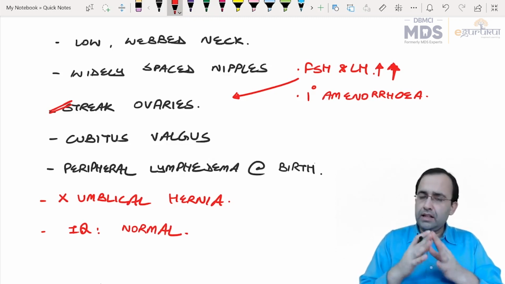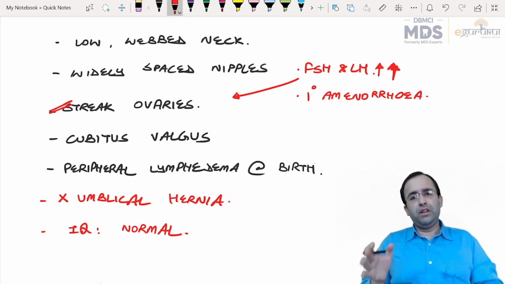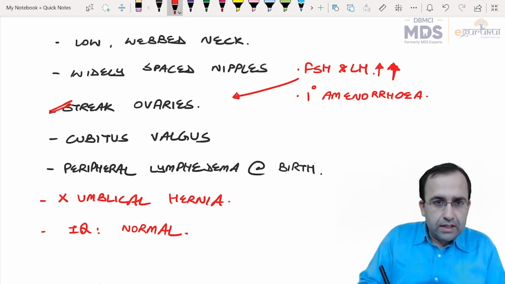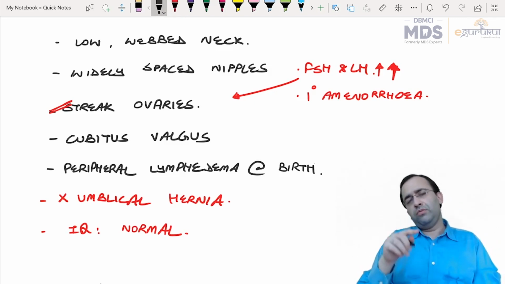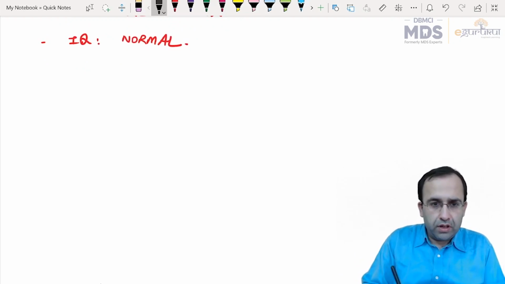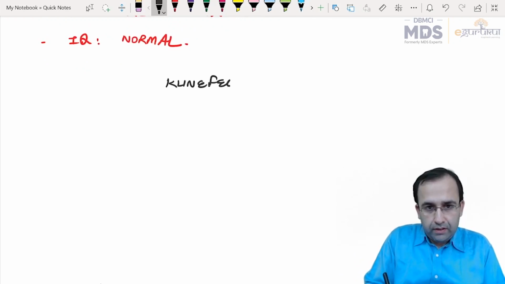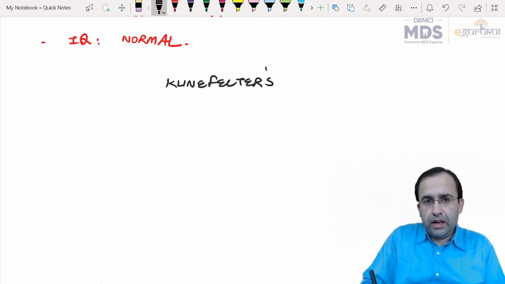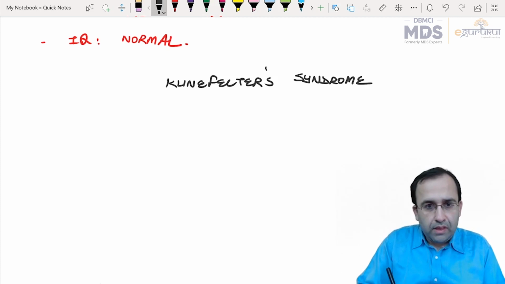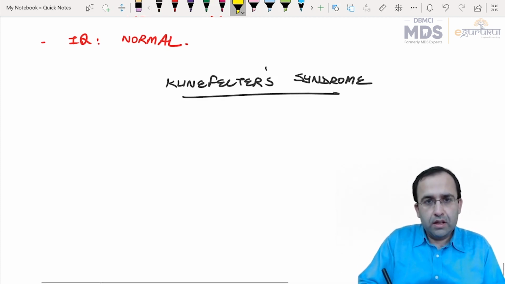Next and the last disease in chromosomal abnormality with number. I know this was a slightly long session. This gets us the opposite of Turner's, that is Klinefelter's syndrome. What is Klinefelter's?